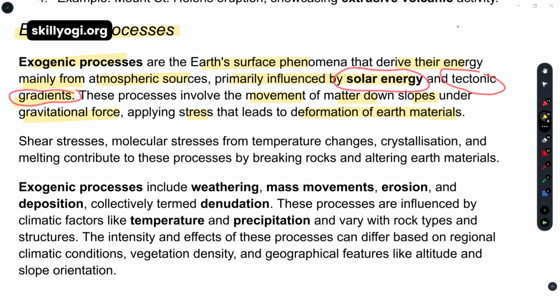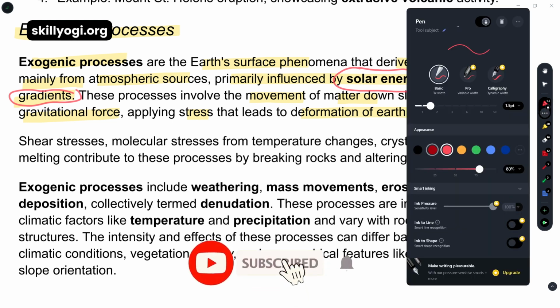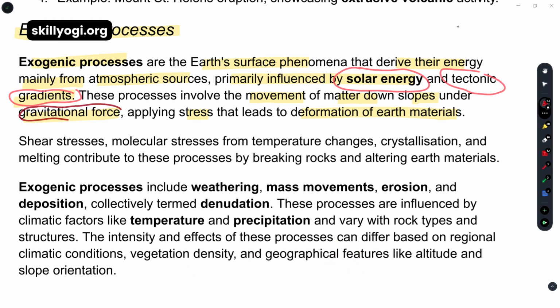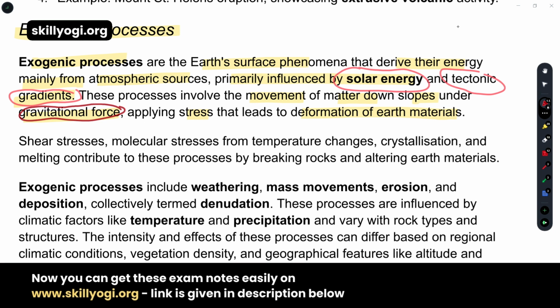So that is written over there. The deformation of the earth materials is also responsible for these two parts, that means gravitational force. So three factors we have learned. First one is solar energy, second one is tectonic gradients, and the third one is gravitational pull or gravitational force.